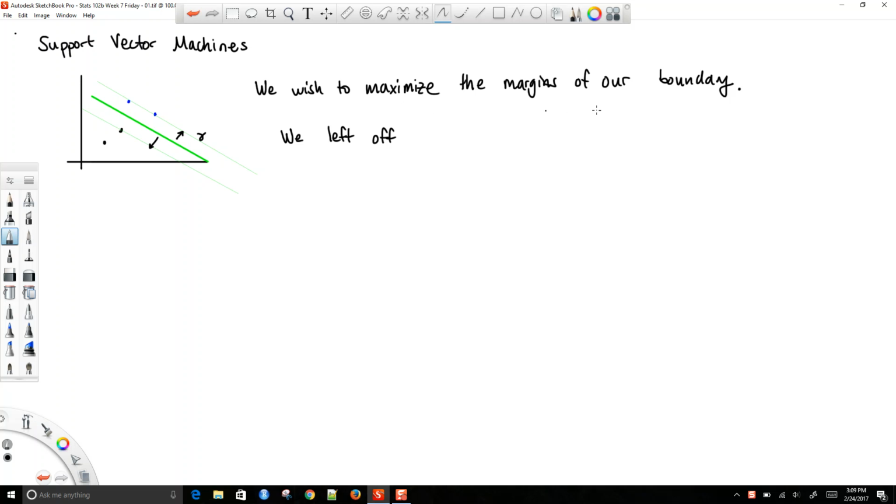So the margins are the distances from the boundary to the nearest points to the boundary.